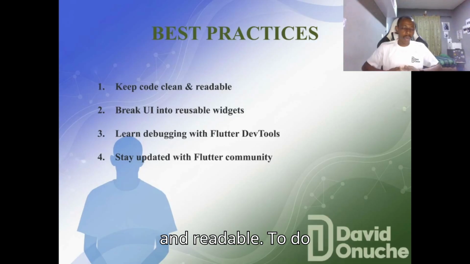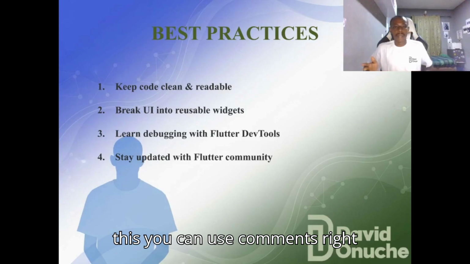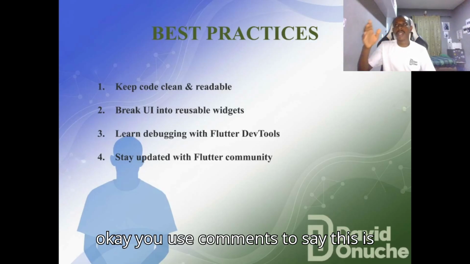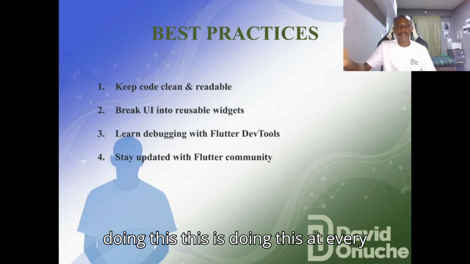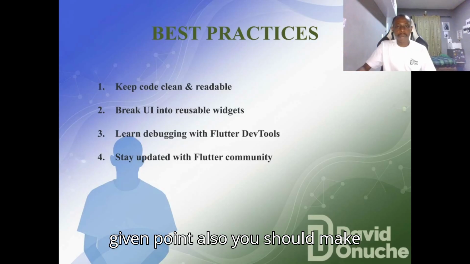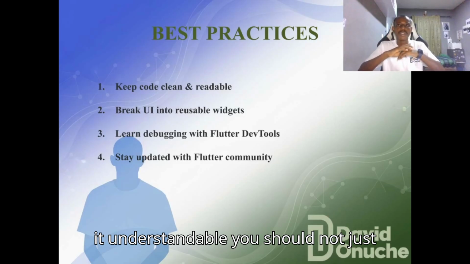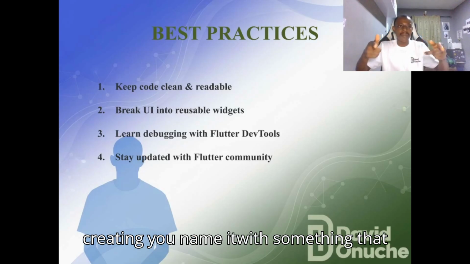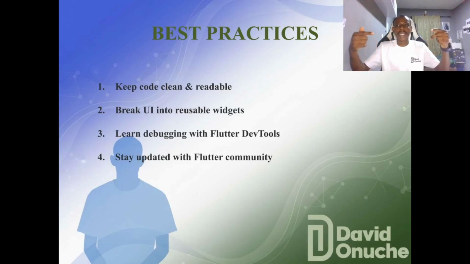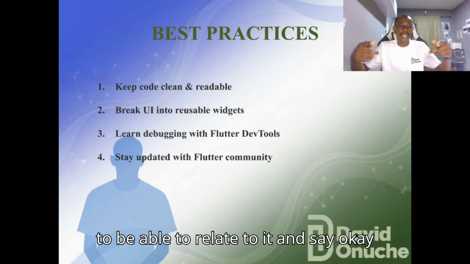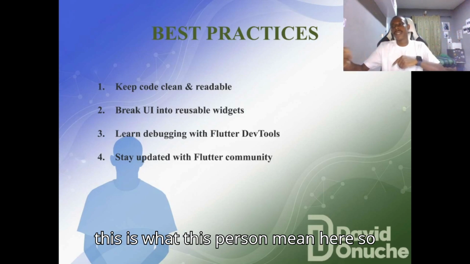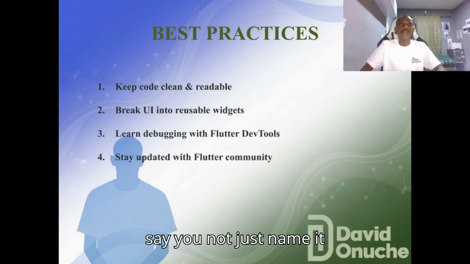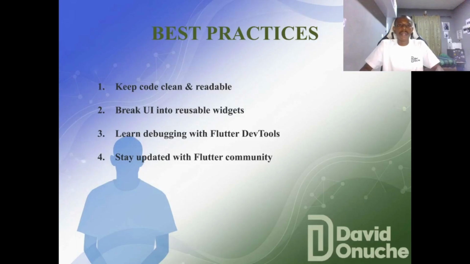To do this, you can use comments, right? You use comments to say what is being done at every given point. Also, you should make it understandable. You should not just name a file because you are the one creating it. You name it with something that every other person who comes to the project can relate to and say, okay, this is what this person means here. You would not just name it DWQF.